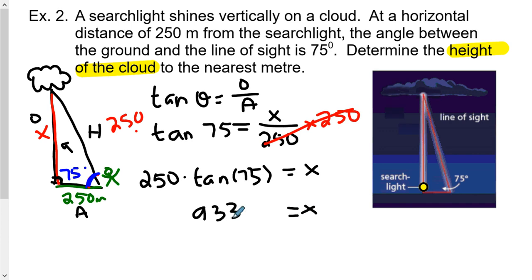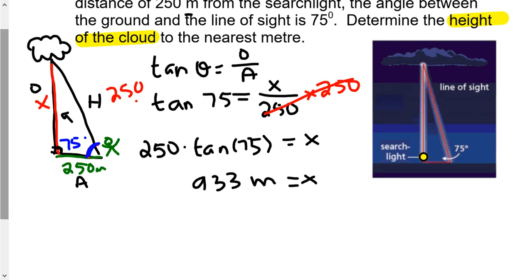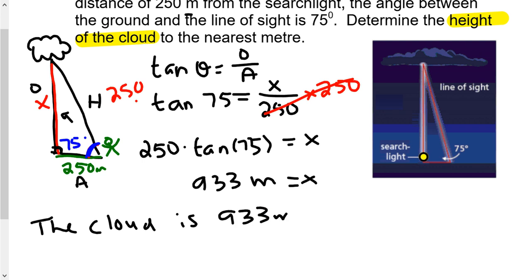We check our units, right? We were talking about meters. And so we say the cloud is 933 meters above the ground. Right, so we can find distances that we can't measure, but as long as we can measure some surrounding values, right, create a right angle triangle, we can kind of figure out, right, these unknowns.